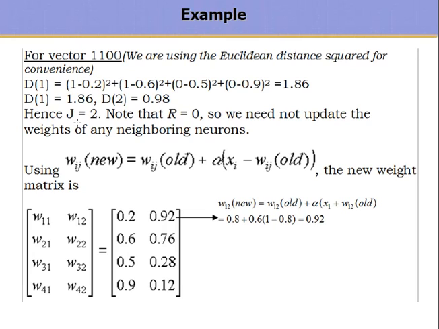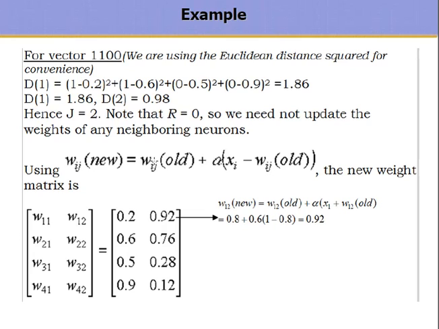For j equals 2, we already have r equals 0, so we need not update the weights of any neighboring neurons, and this is the equation of our weight update in order to get the new weight matrix.